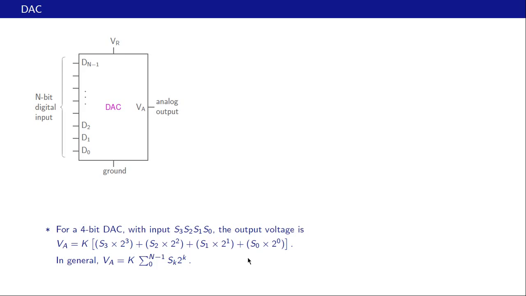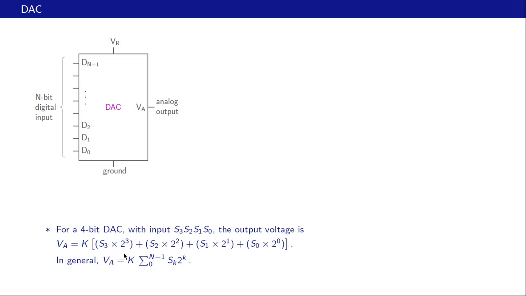And in general, we can write this equation as VA equal to K summation from 0 to n-1 Sk times 2 raised to k. So the important thing to notice here is each bit gets a different weight.